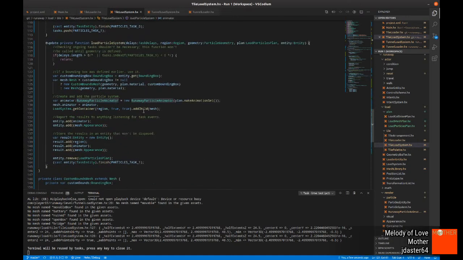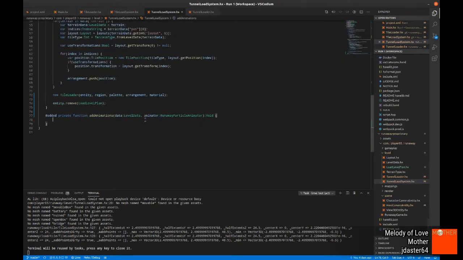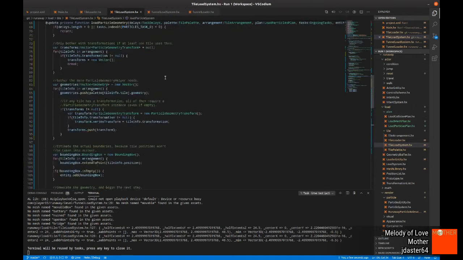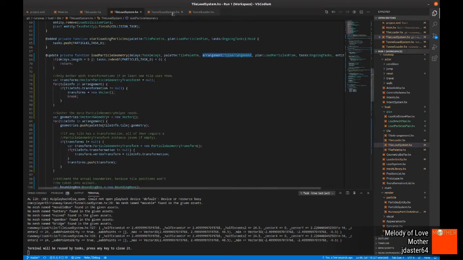Okay, so we have a particle animator. And, you know, I actually kind of want to grab that as well.